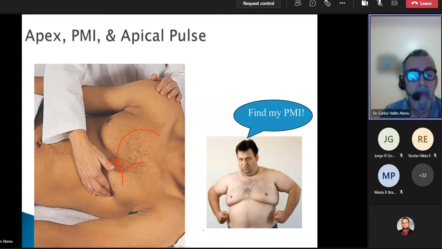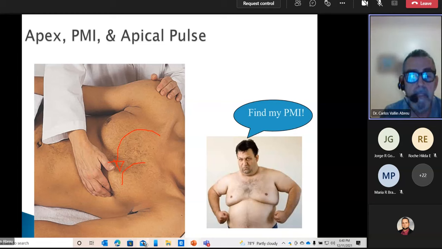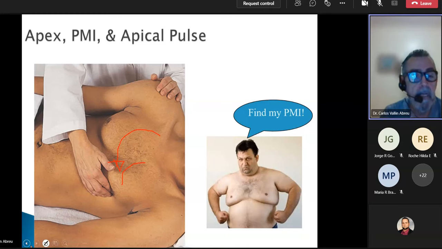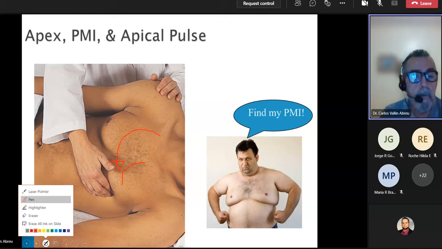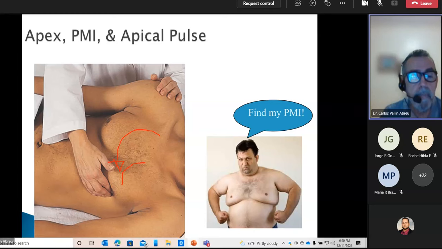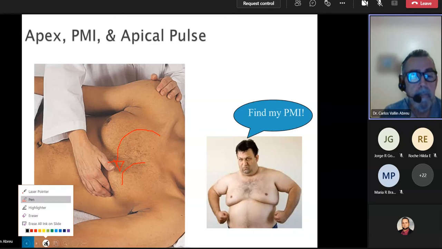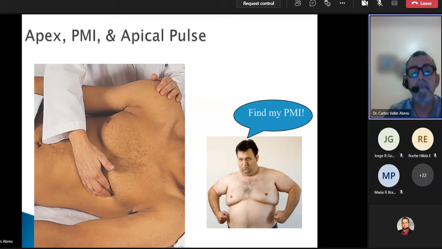You need to know that there is one area in the chest that is very important to know how to palpate. This is the point of maximal impulse, or PMI.